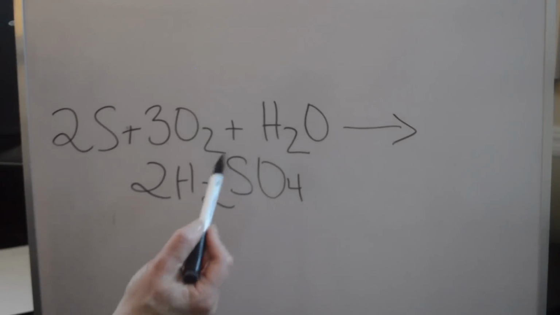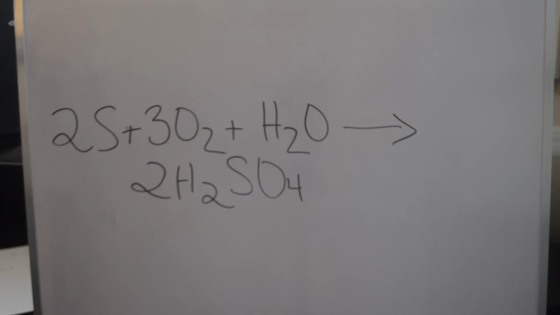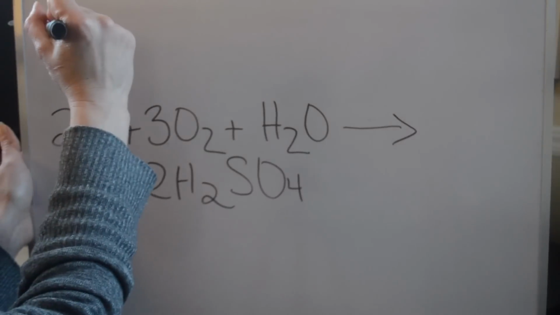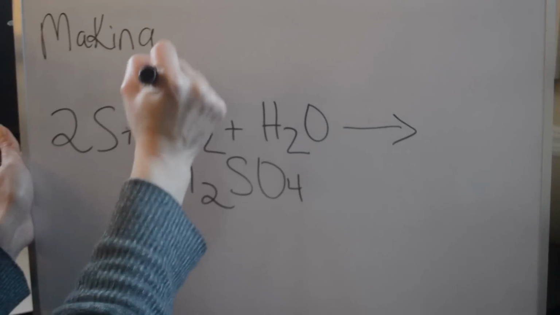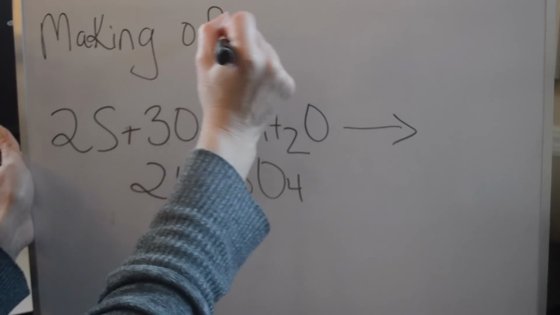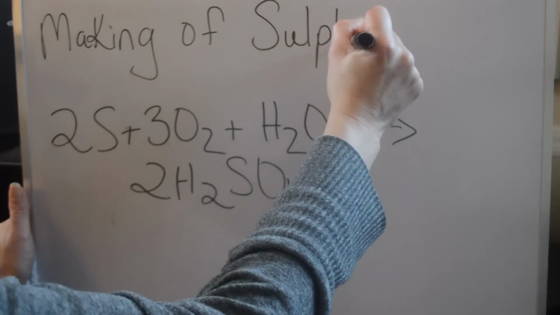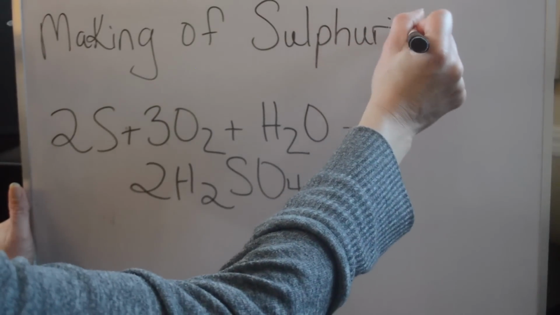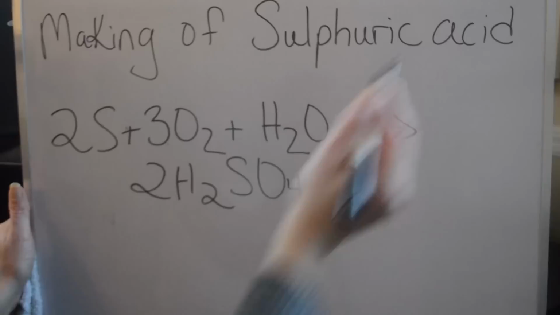Again, we see some S's in here. If you know what that element is, you'll be able to match this up with its title. Okay, so this is the making of sulfuric acid.